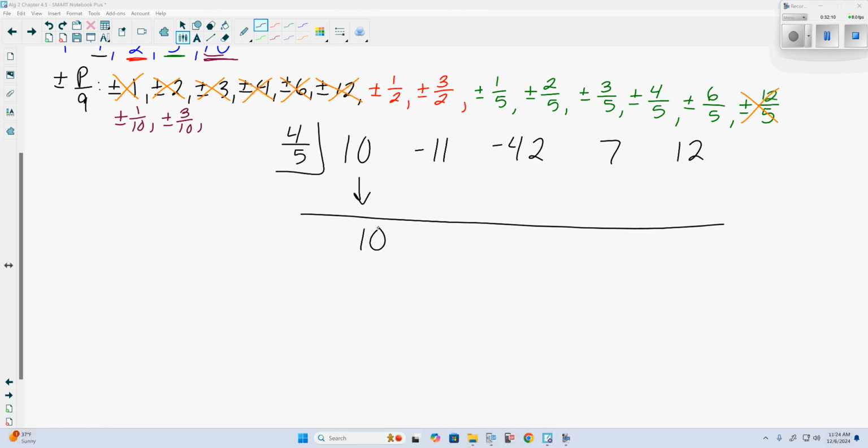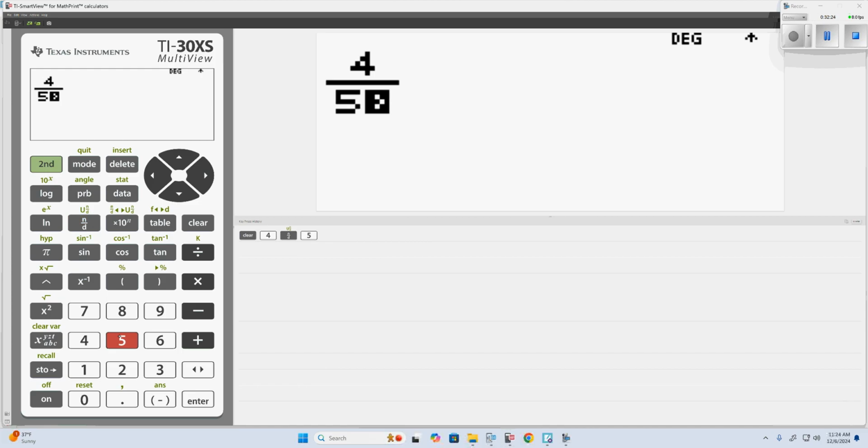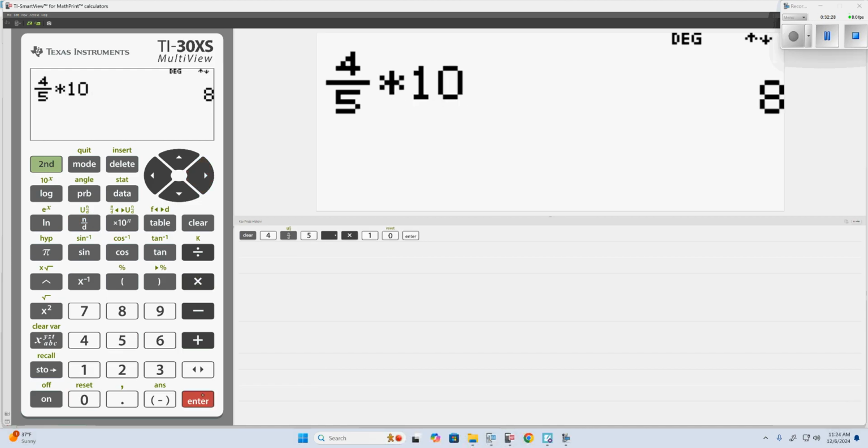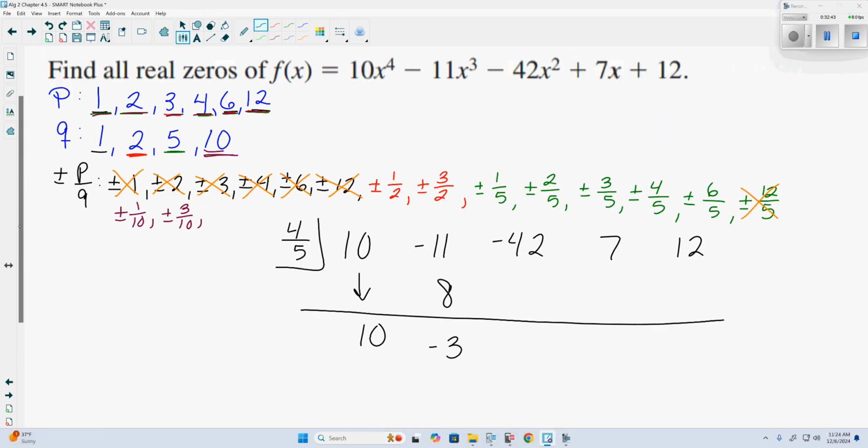Now this seems like it would be tedious to do, but luckily for us, if we do this in the calculator, this makes the process easier as we wait for this to load. So what we can do is 4/5 times 10, which is 8. Our next step would be to do negative 11 plus 8, which is negative 3.